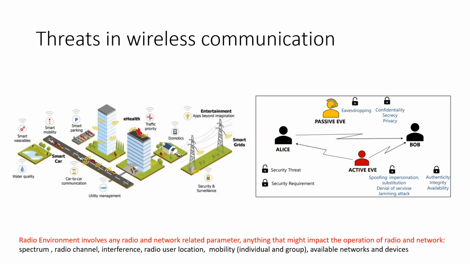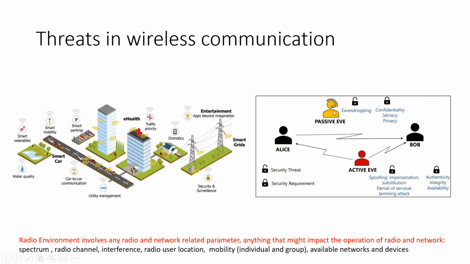For example, if you see this figure at the right of this slide, we have an eavesdropper attack where an attacker will try to listen to the features or the content of the communication. And the solution corresponding to eavesdropping is confidentiality related algorithms.